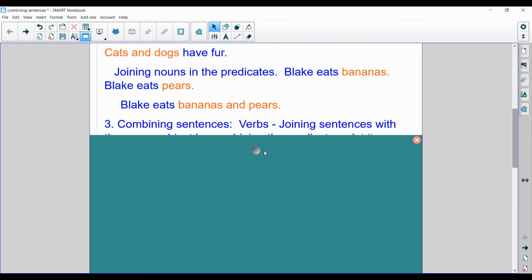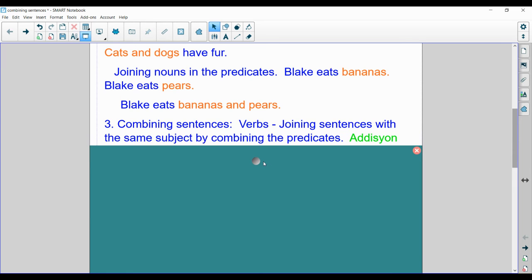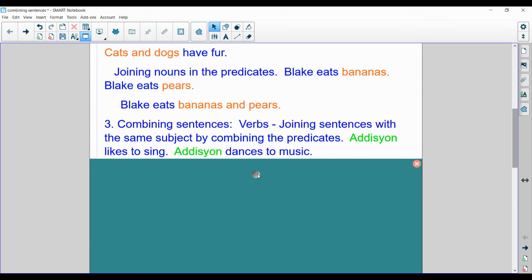Now, the third way is really what we've done before, and we're going to do it again today. And that's combining sentences with verbs, joining sentences with the same subject by combining the predicates. That means the whole predicate. Addison likes to sing. Addison likes to dance.